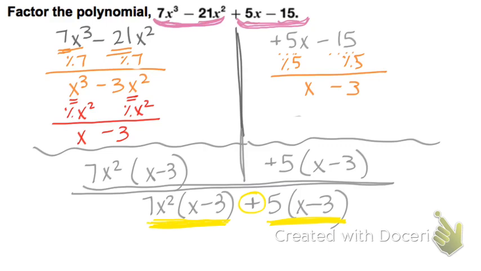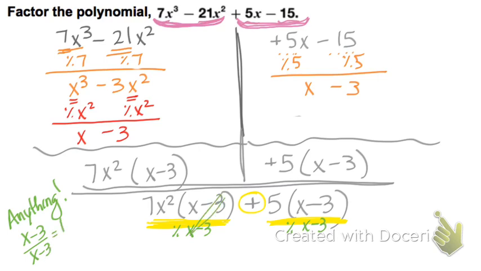Remember, terms are separated by a plus or minus sign. So here, even though it's long and messy, here and here, those are each terms. So we're looking at this term on the left and this term on the right and saying, what do they have in common? Right, you see they are both being multiplied by x minus 3. So we can divide this side by x minus 3 or factor out an x minus 3. And we can divide this side by x minus 3 or factor out an x minus 3. And remember, anything divided by itself is just 1. X minus 3 divided by x minus 3 is 1.